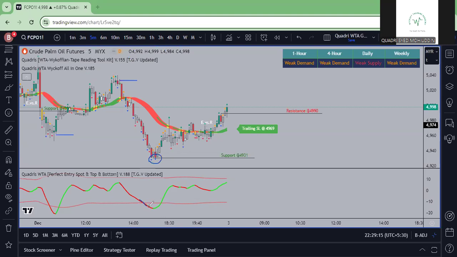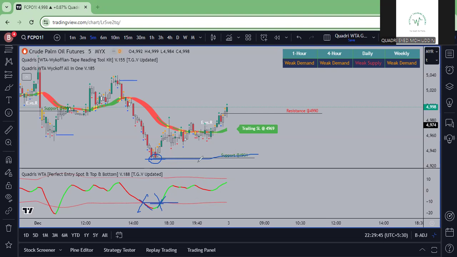Whenever the green and red line goes below this red line, and it comes back or crosses above, whatever the low between these 2 points of intersection would be, we draw a horizontal line over here, and this would be a bottom.